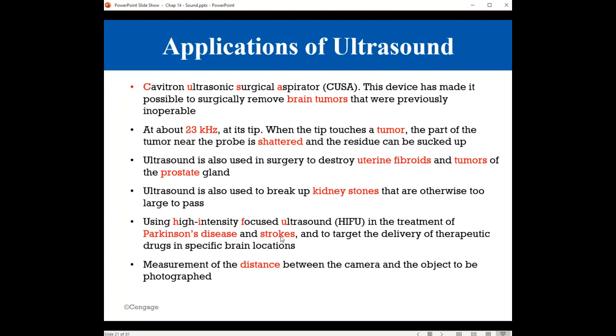Also in strokes and in targeting the delivery of therapeutic drugs to specific brain locations that are hard to reach. It is also used to measure the distance between the camera and the object to be photographed.